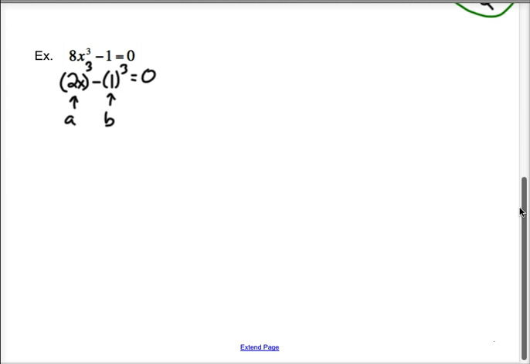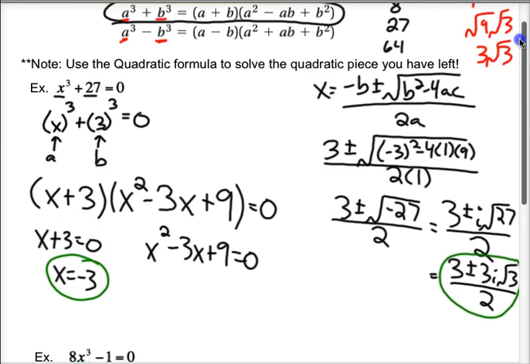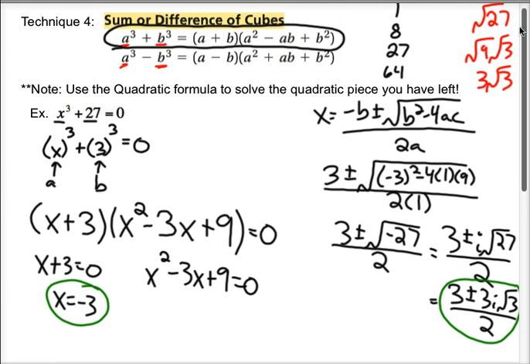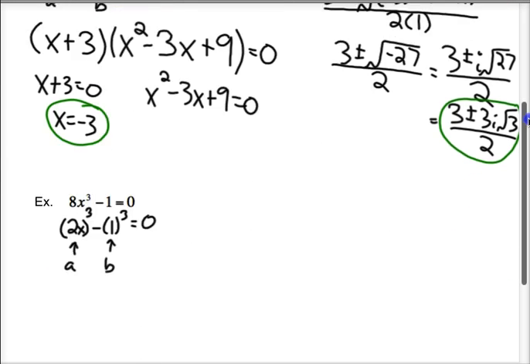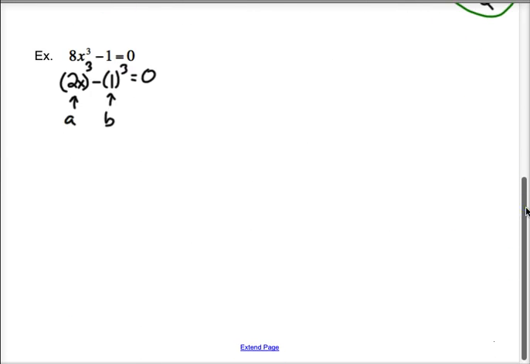So, what does that mean for us? Well, I have to scroll, but you're able to see it on your paper. This time, we're going to be using that formula right there. Okay, so for the difference formula, we have A minus B, so 2x minus 1.